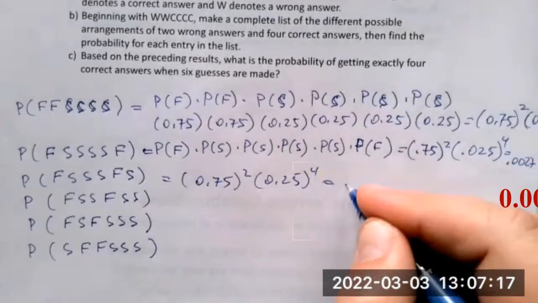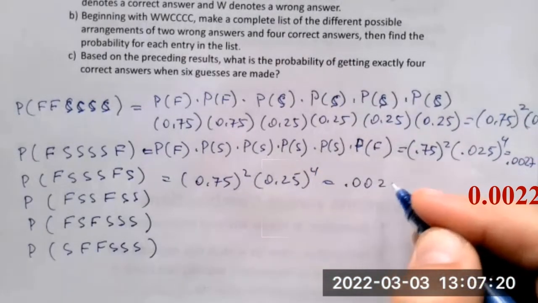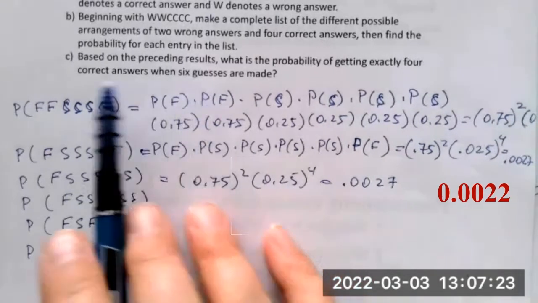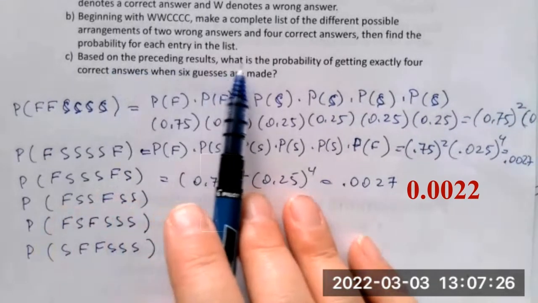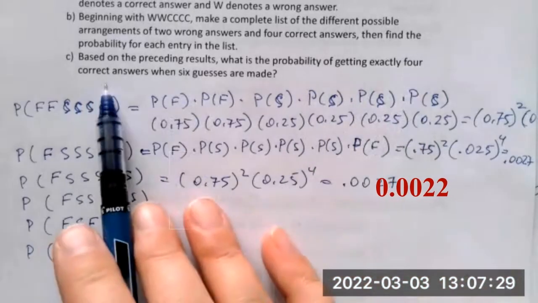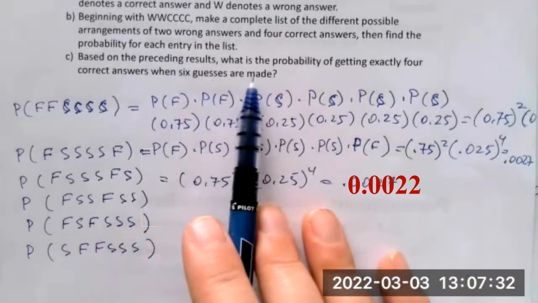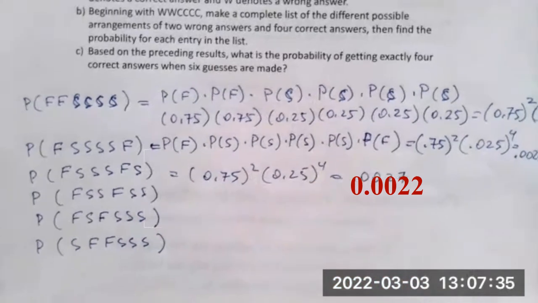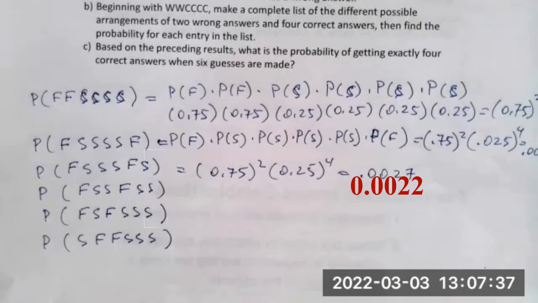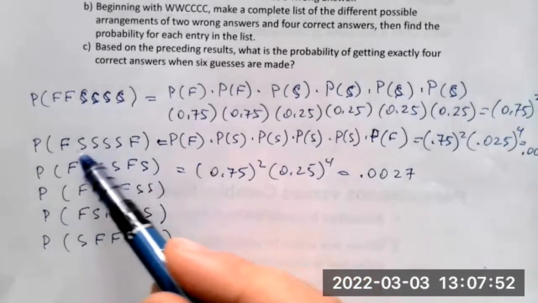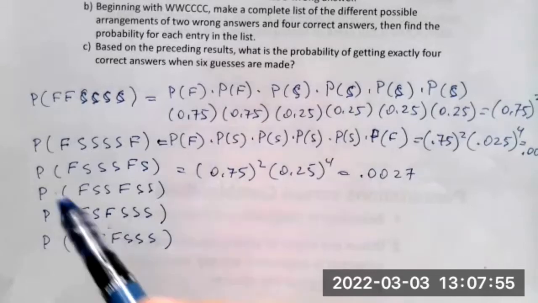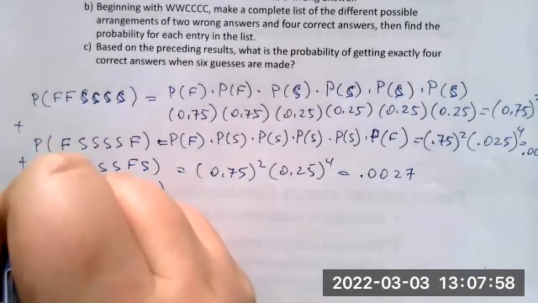Okay, and that's going to be our question C. Based on the preceding results, what is the probability of getting exactly 4 correct answers when 6 guesses are made? So basically, the addition rule says that if we just want to figure out, in general, the probability of 2 wrong answers and 4 correct answers, then we need to figure out each of these probabilities and then add them up, right?